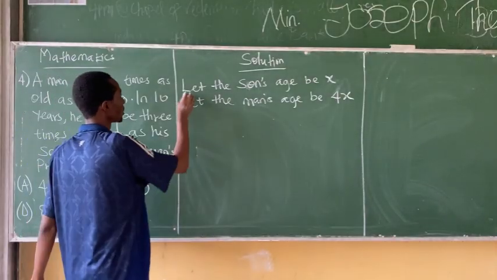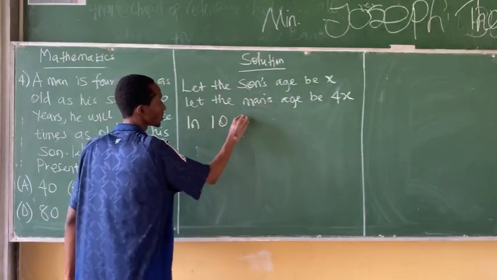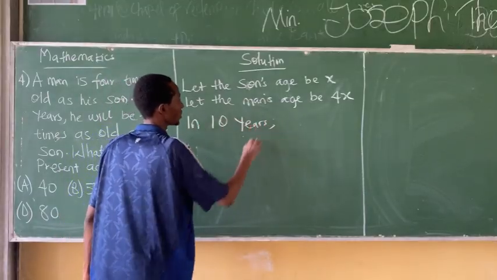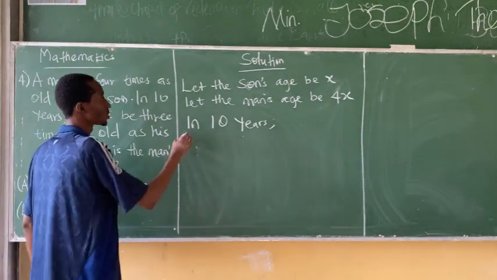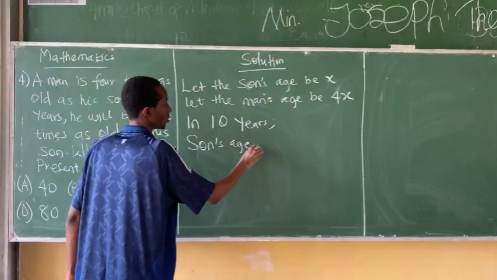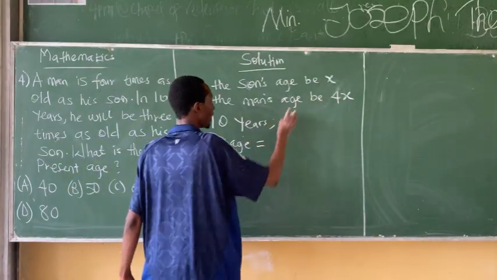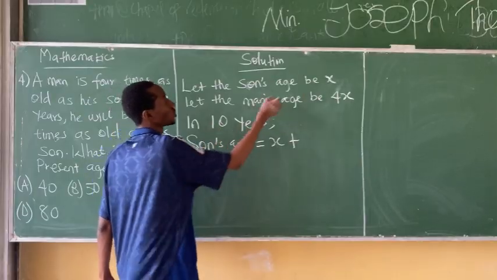So this is their age. In 10 years, Nigerians will say 10 years later, the son's age will be what? X plus 10. Don't forget, 10 years has been added to the son's age.